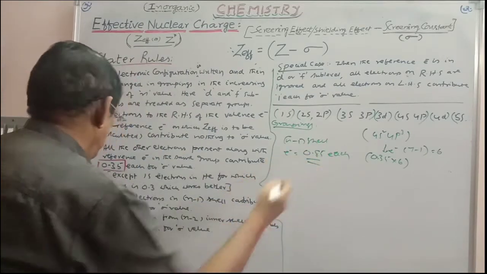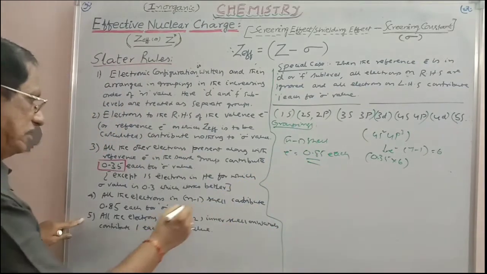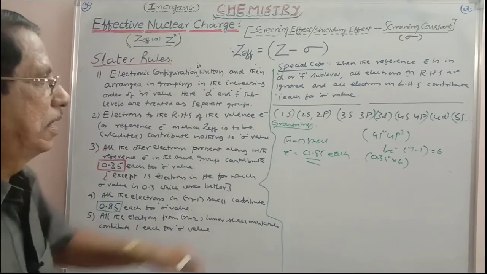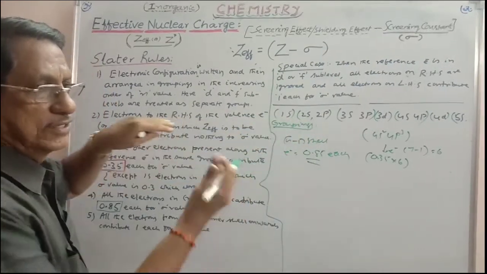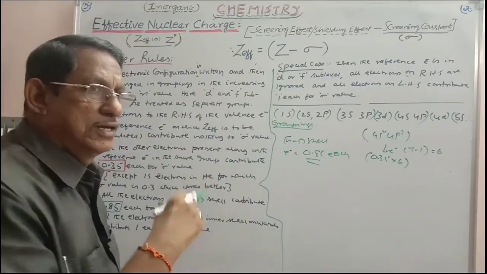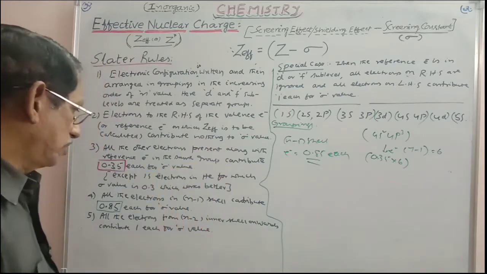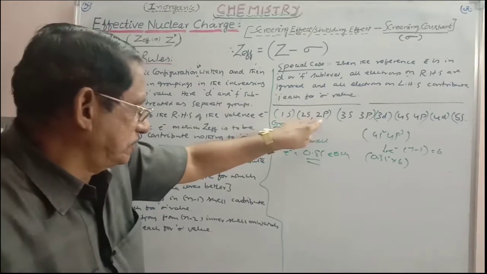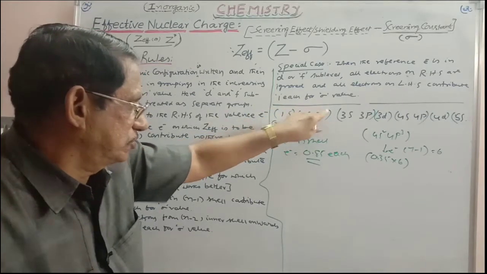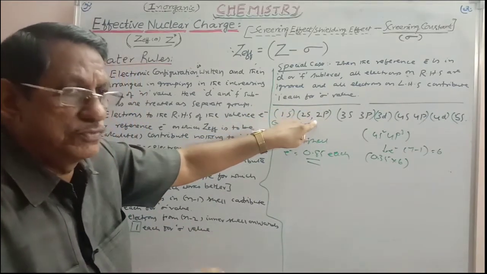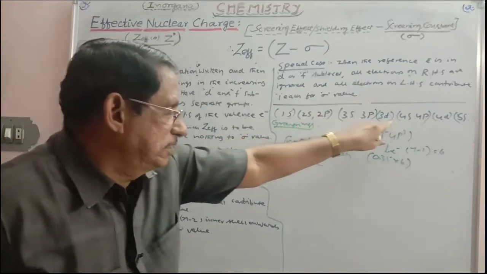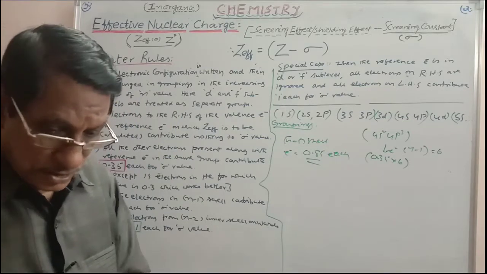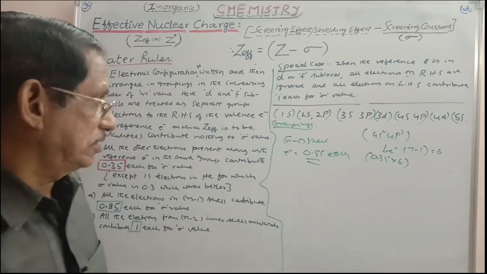So all the electrons in the n minus 1 shell contribute 0.85 each. And if you take n minus 2, n minus 3, n minus 4, etc., all the electrons belonging to n minus 2 and lower orbits will be contributing 1 each. If you take these electrons, 2 plus 2 plus 6, 10 electrons, these 10 electrons will be contributing 1 each, when this is the reference electron or outermost orbital electron. Okay, these are the values you have to consider in order to calculate the sigma value.